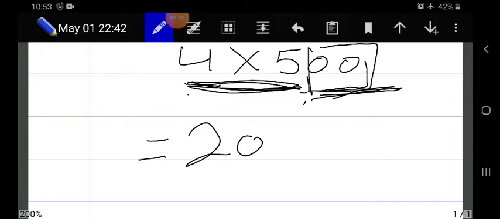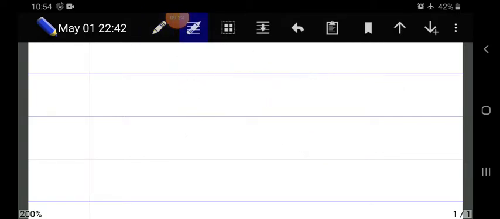And now we have 2 zeros that we have to recall again, and we are going to simply put those 2 zeros here, and this will be our answer, 2000. This is a simple way of multiplication of a digit along with a number containing hundreds or tens or thousands also.